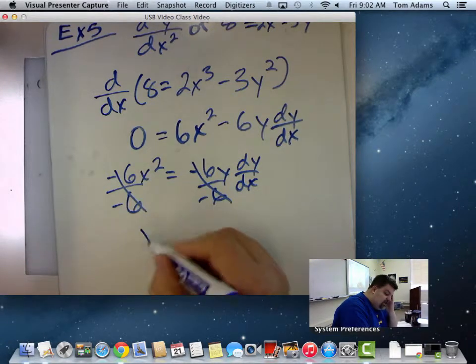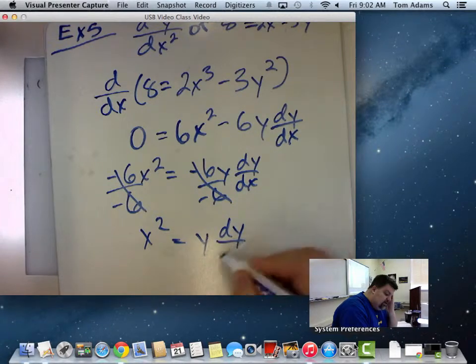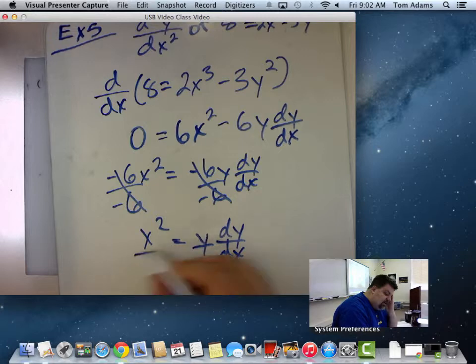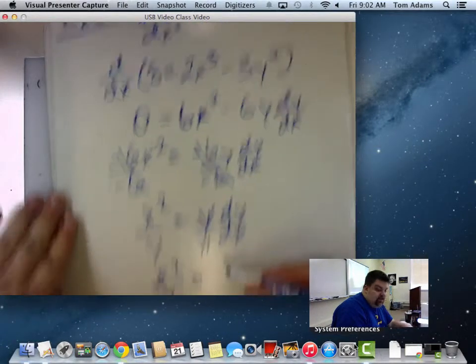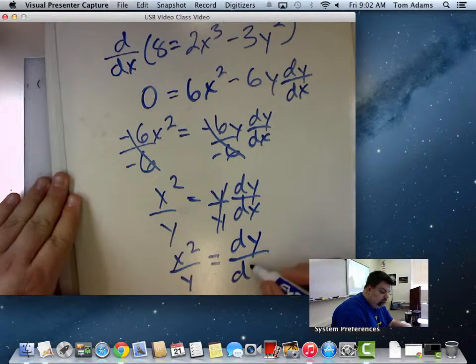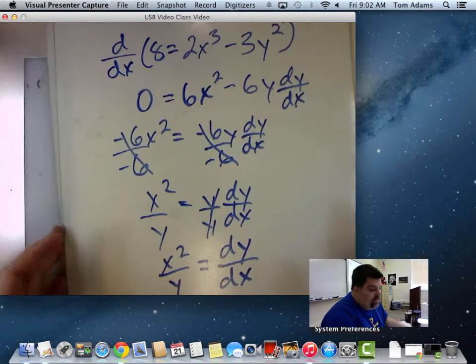These cancel, and I get x squared is equal to y dy/dx. And then we divide both sides by y. And so I get x squared over y is dy/dx. And so that's the first derivative.